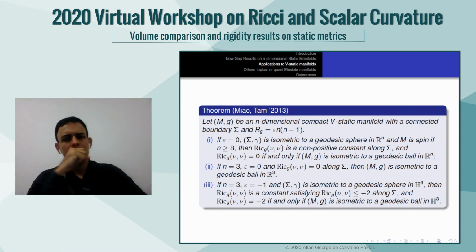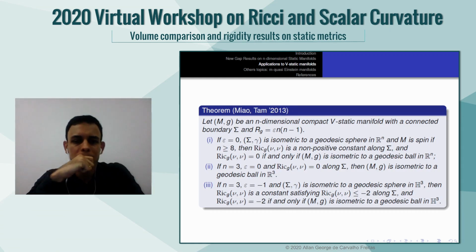Another result that we can approach here was first approached by Miao and Tam, and they considered a V-static manifold in this case, and divided into some cases of zero curvature and negative curvature, okay.